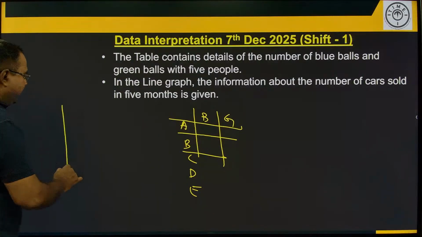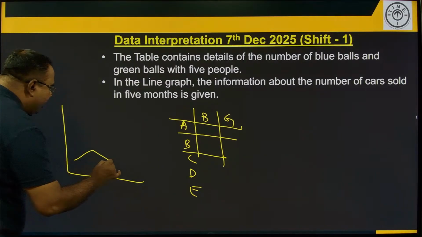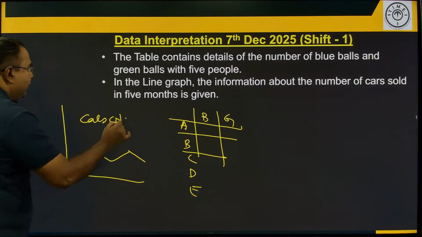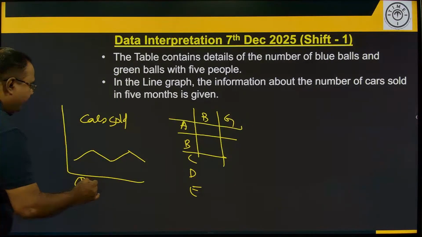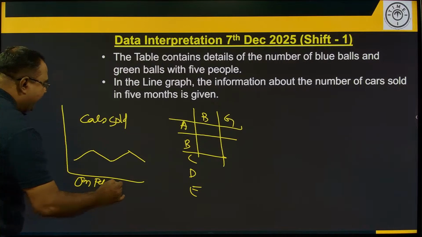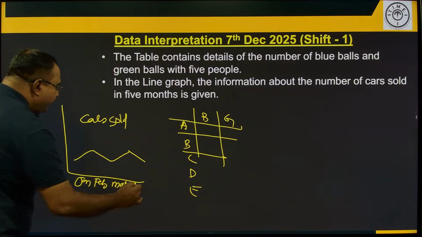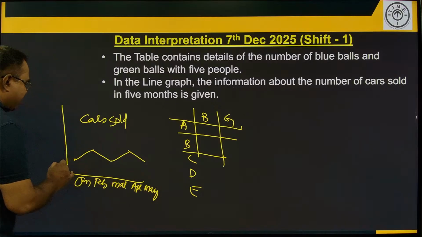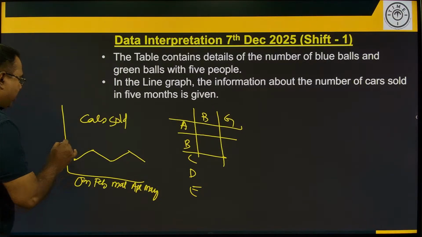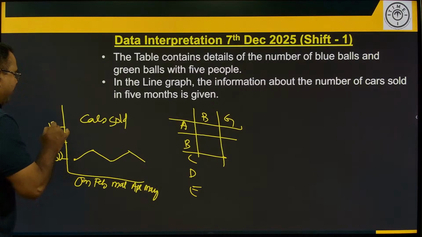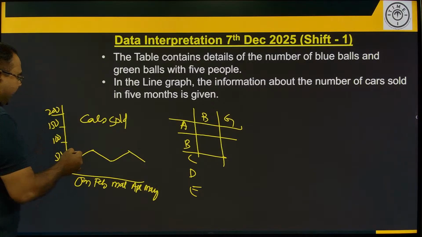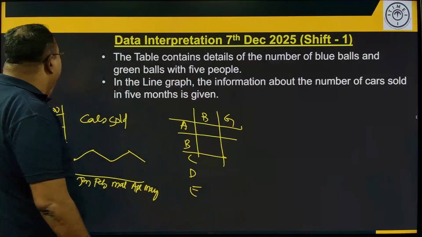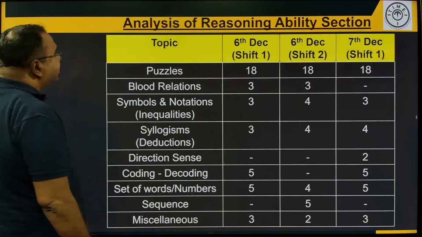It is a single line giving information about cars sold in 5 months, January, February, March, April, May. The scale given is 0, 50, 100, 150, 200 and so on. But these questions in general are very easy to solve, very easy to comprehend.